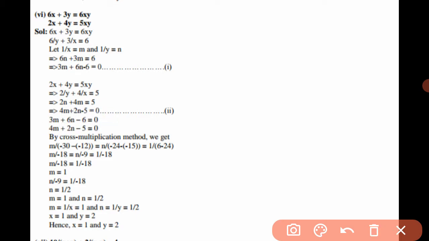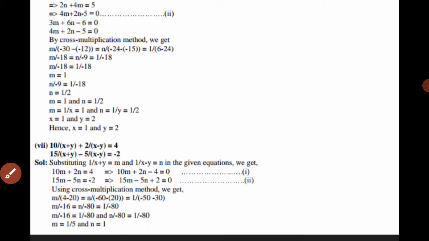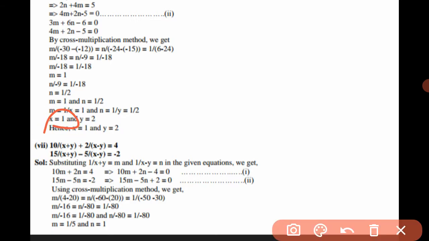Now by solving equation number 1 and 2 by cross multiplication or any other method, we can find the values of m and n. So m will be equal to 1 and n will be equal to 1 upon 2. Now by putting the values, the value of x will be equal to 1 and the value of y will be equal to 2. So in this way we can solve this question.